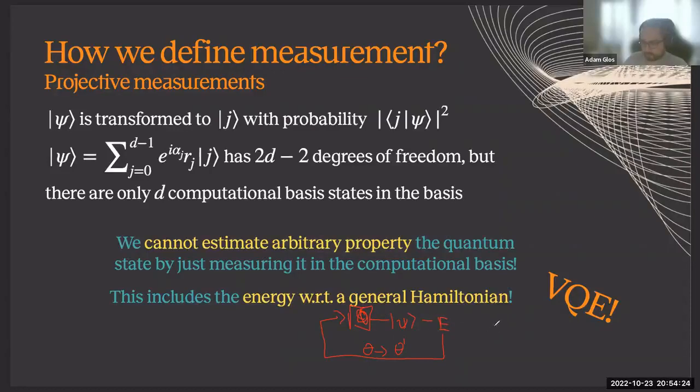The ultimate goal is to find such state ψ so that its energy with respect to some Hermitian operator H or Hamiltonian or observable, in a sense these are equivalent right now to me, will be minimized in VQE.